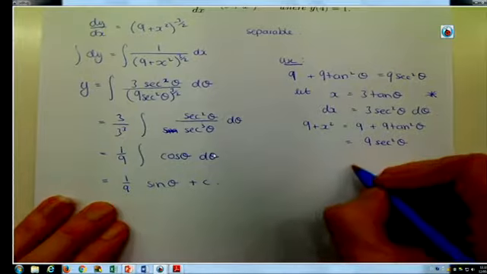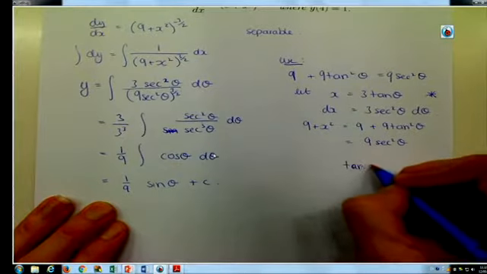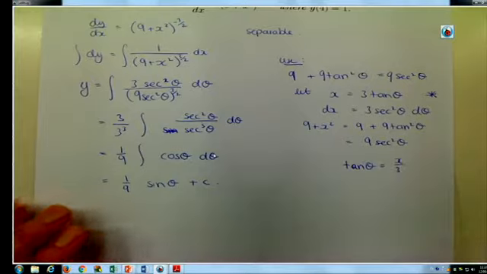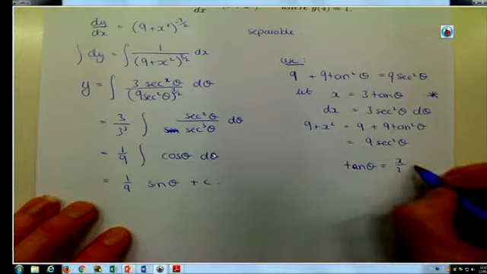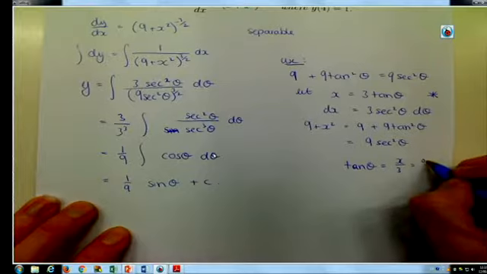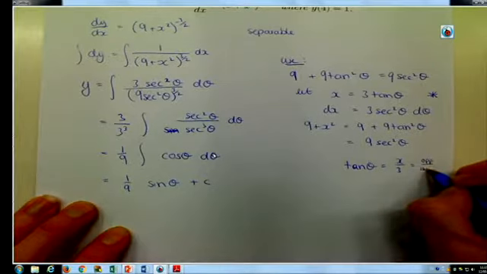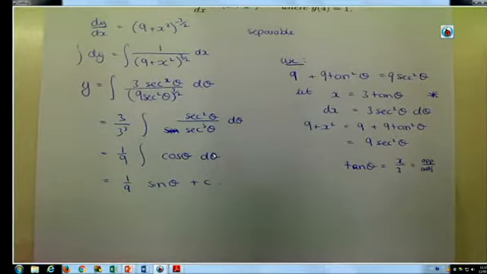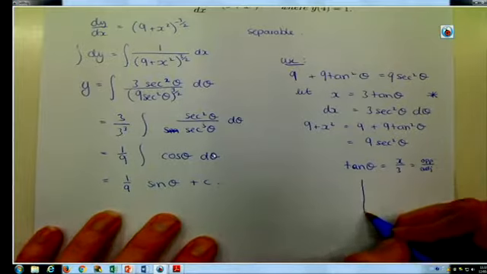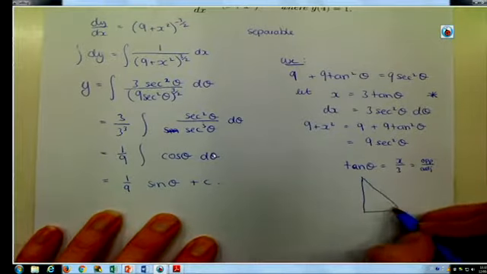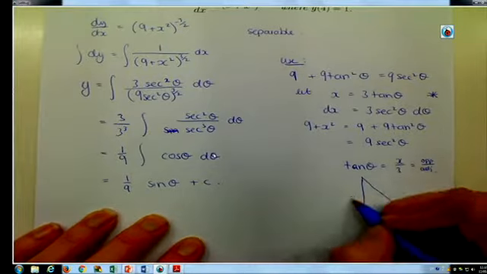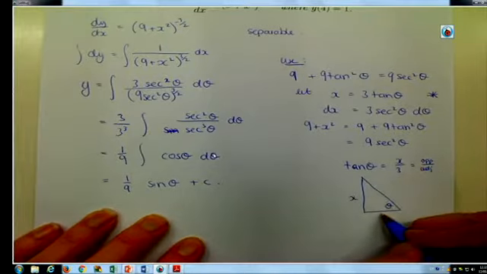The substitution I made said that tan theta was x/3. Tan is opposite over adjacent. So I can make up my own little triangle here with a theta, and the opposite side should have x, and the adjacent side should have 3.